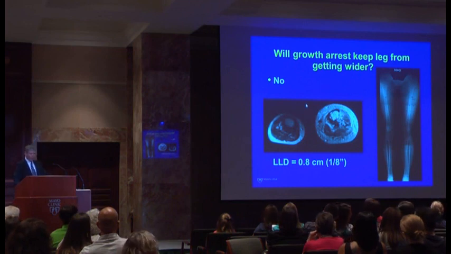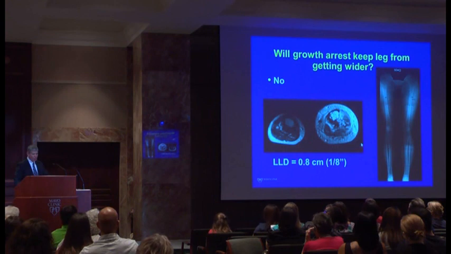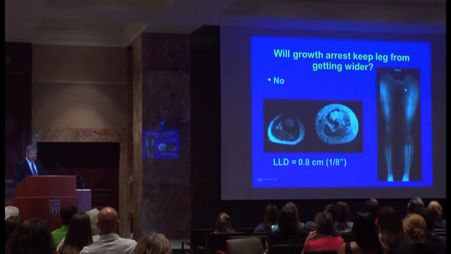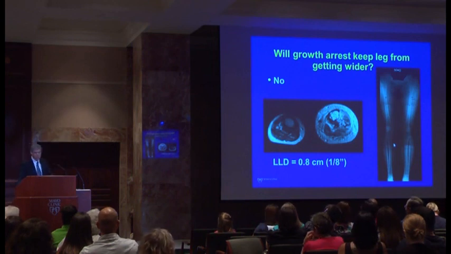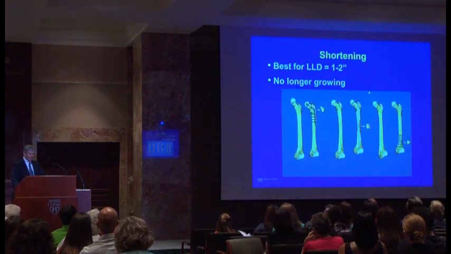And while we can almost always get the legs equal in length, we really struggle with this girth problem. And the worse the girth is, the bigger the problem. So this child, that same child at 14, was left with a leg length difference of 8 millimeters, which is about 1/8 of an inch. She no longer could tell that she had a leg length difference.